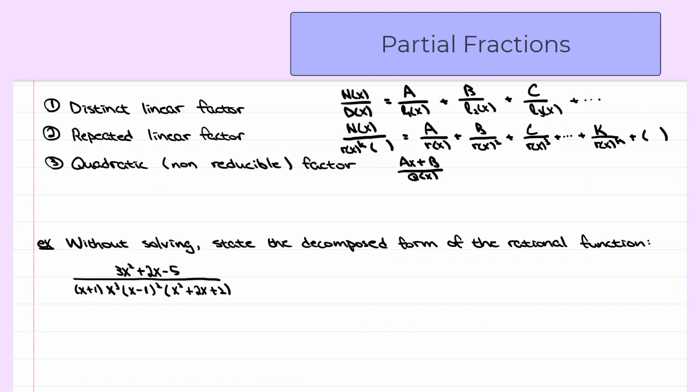Here we don't want to solve the integral, but we just want to decompose the rational function. So here in the denominator we have (x plus 1) times x cubed times (x minus 1) squared times (x squared plus 2x plus 2). For the first term, the x plus 1 is a linear factor.